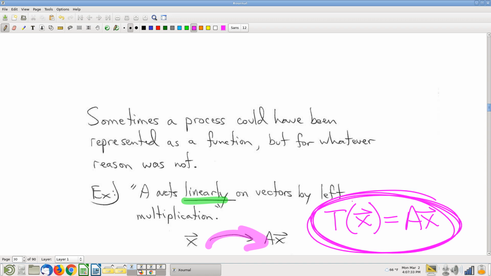So that's the function, and it's exactly the function that's described in the language. This is what matrices do. Think of acts as this is what they do. Matrices, what do they do to vectors? You multiply on the left of the vector, right?